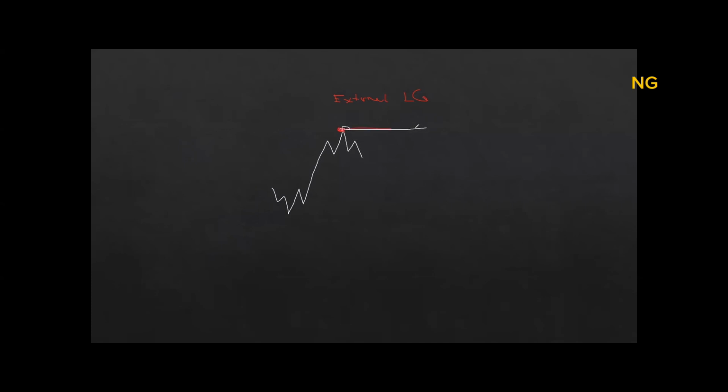Or in other words, the high of the range and the low of the range is external liquidity, okay? And then everything inside of the range is known as internal liquidity.